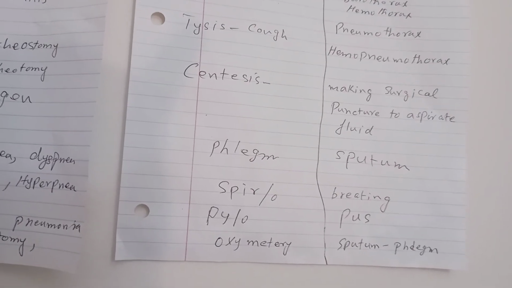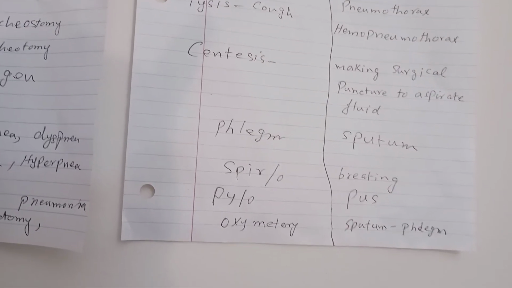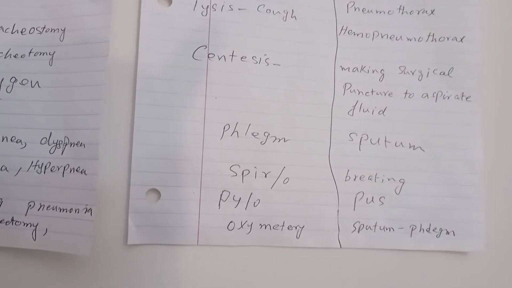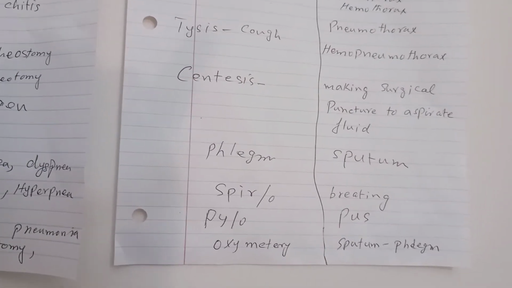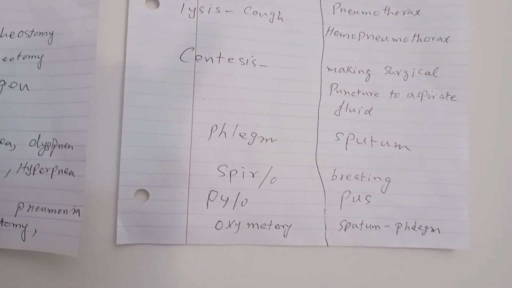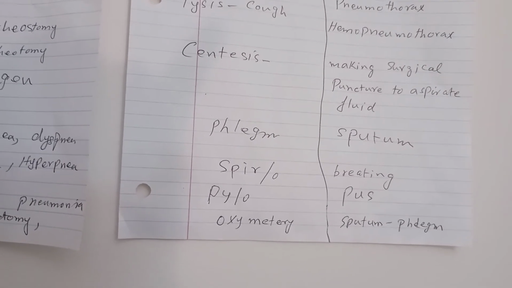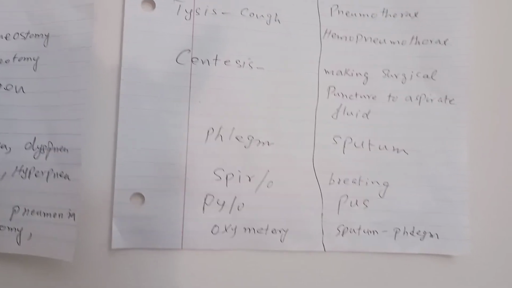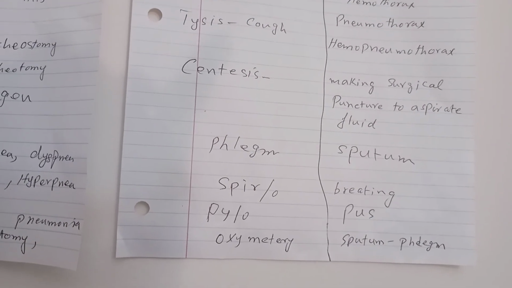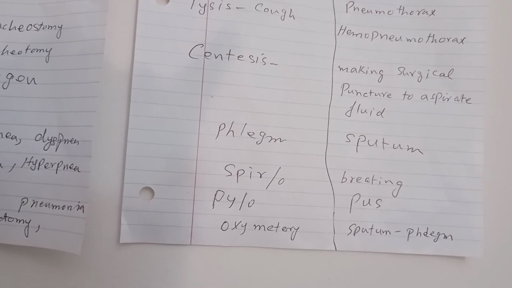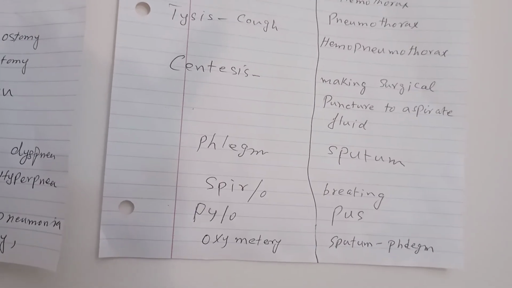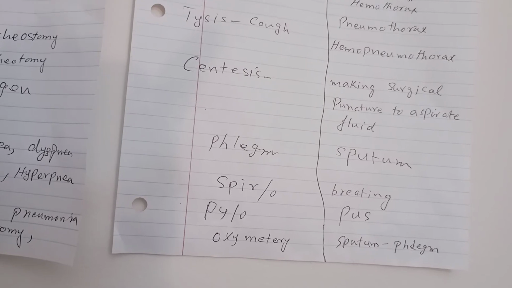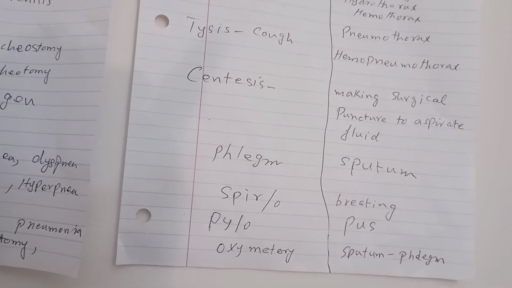From here we know the amounts: how much air has gone inside in inspiration, how much air has been breathed out during expiration, and how much air remains inside. That is known as residual volume. So all these volumes are calculated by this machine. Spirometer, machine to calculate the breathing.